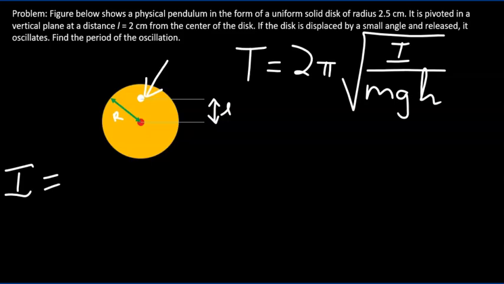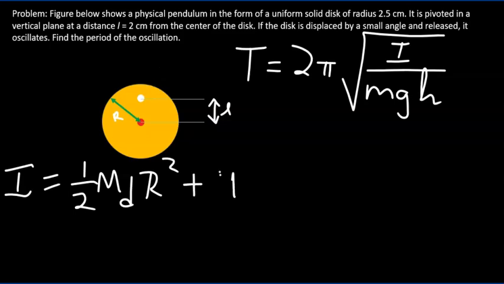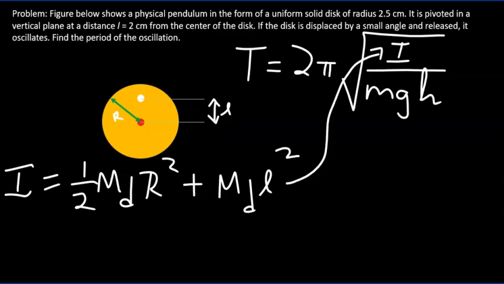So it is the moment of inertia of that disk about the center of mass, which is given by half times the mass of the disk times the square of the radius, plus the mass of the disk times the square of the distance between the center of mass and the axis of rotation, in this case L, so L squared.